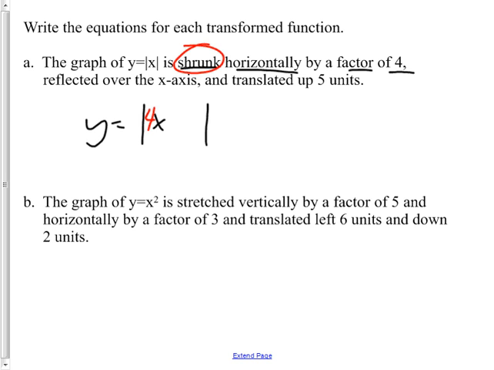Seems like that makes it 4 times bigger, but it's actually going to shrink it. Okay? And then reflect it over the x-axis. Let's see, which axis is that? That's like going this way. That's an up-down flip. Negative. And then translate it up 5. Up 5. Didn't go left or right, so there's nothing in here. Just leave that. You get that?